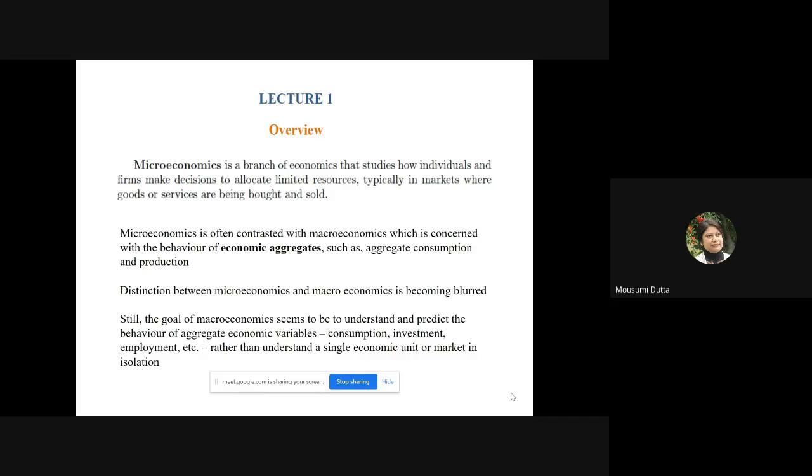This micro unit may be a household too. It's not necessary that micro means a single individual, a single buyer, or a single seller. It may be a unit like a household. Now, if we broaden the definition, a country or a region may be considered as a micro unit.